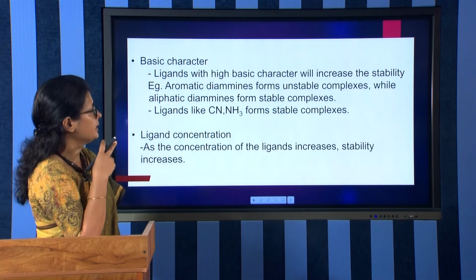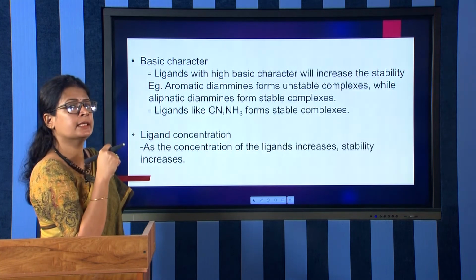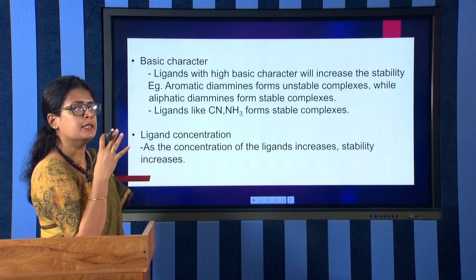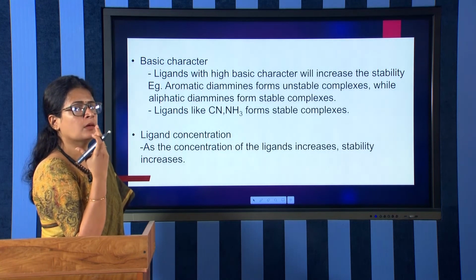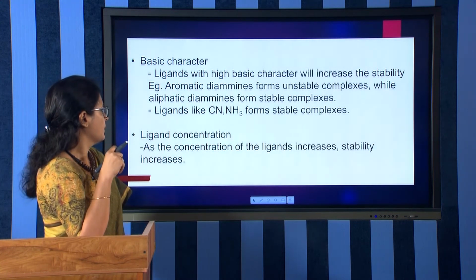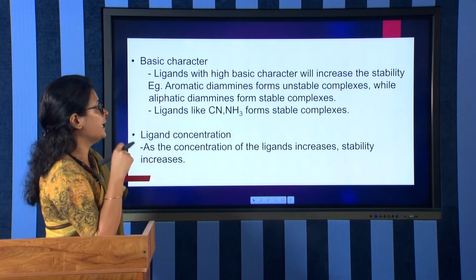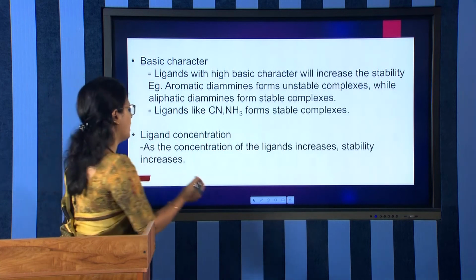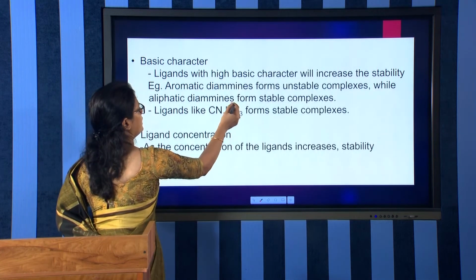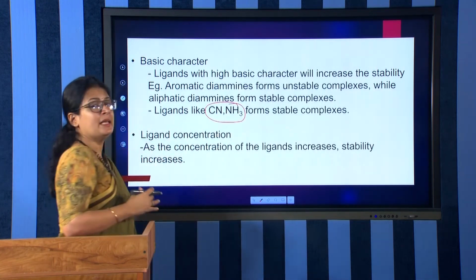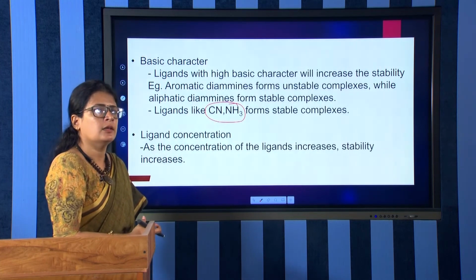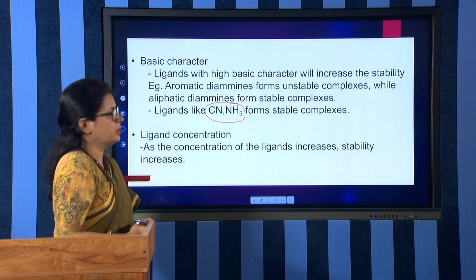Aromatic diamines are less basic than aliphatic diamines. That is why aliphatic diamines are more stable while forming the complex. Ligands like CN, NH3, etc. will form stable complexes because they have very high basic character. So, as the basicity of the ligand increases, the complex will be very stable.